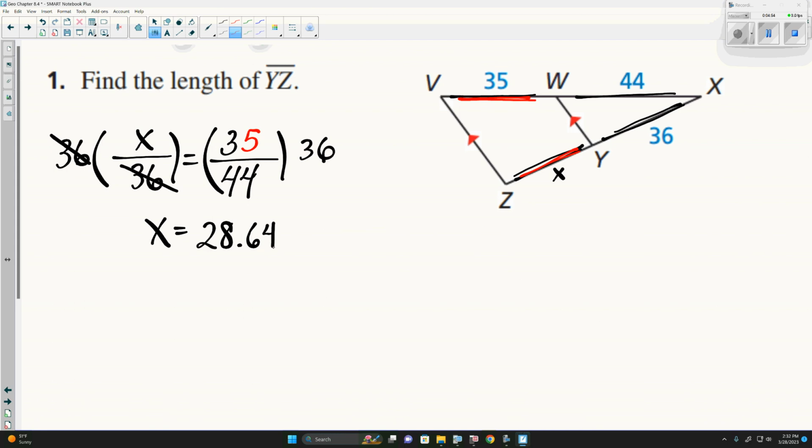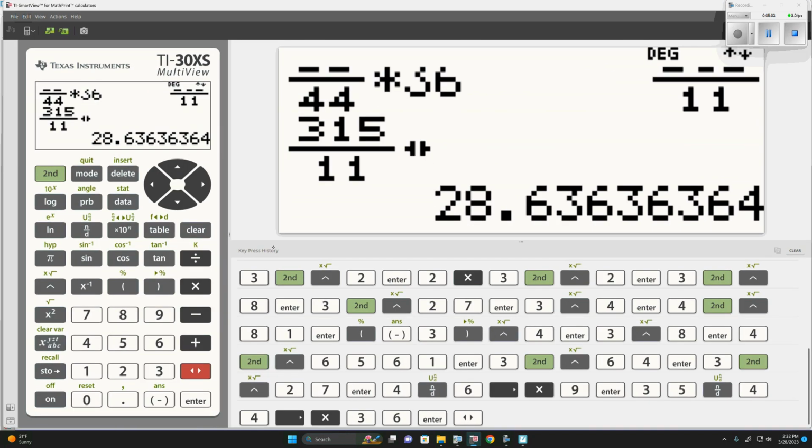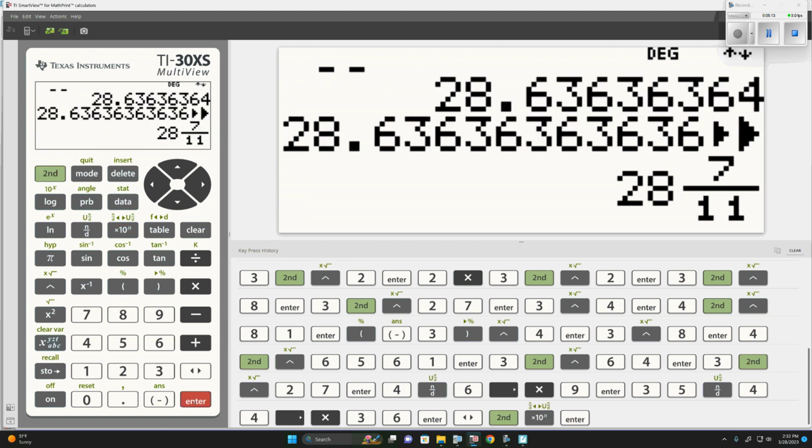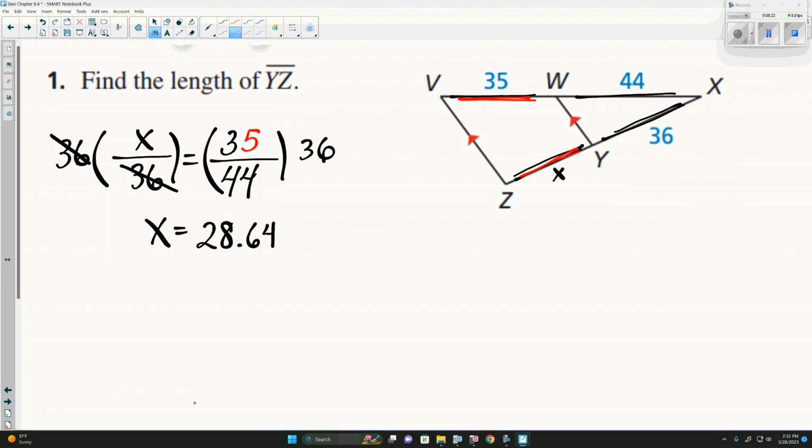Questions on this here? Fractionally, it's 35 over 11, or 28.636363. Can we switch the answer to decimal if we want? Fractionally, it's 28 and 7/11ths, but either one works. Questions on this here?